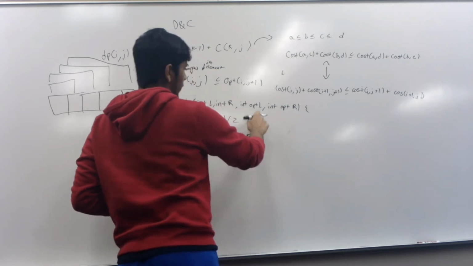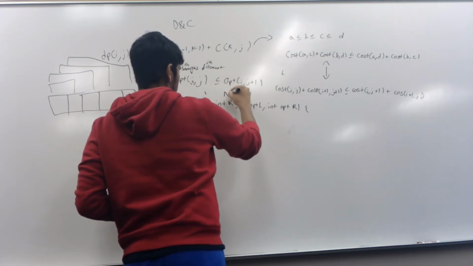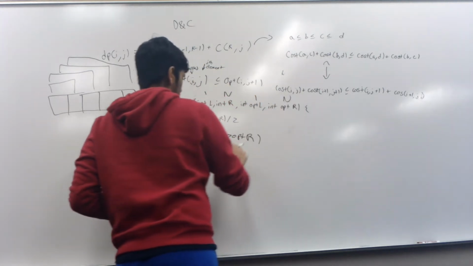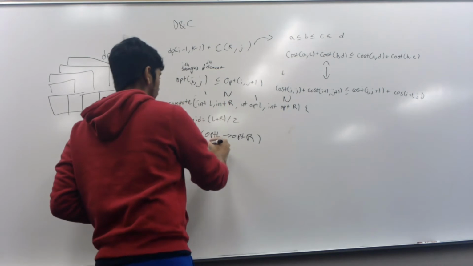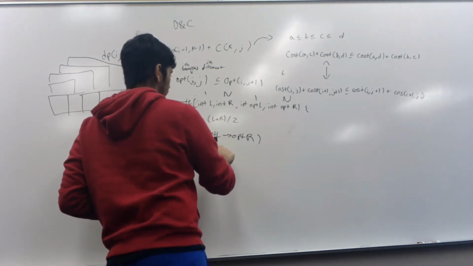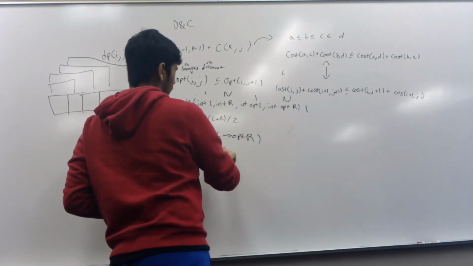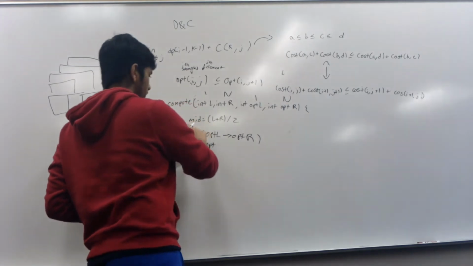In the very first iteration, this will be 1 to n and 1 to n, right? So we find opt equal to the best transition for this mid guy.